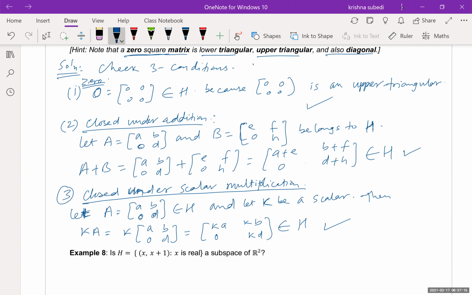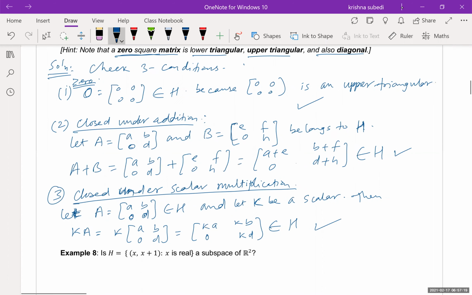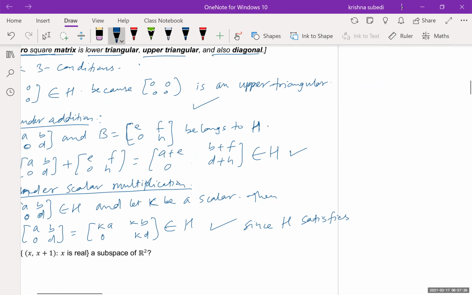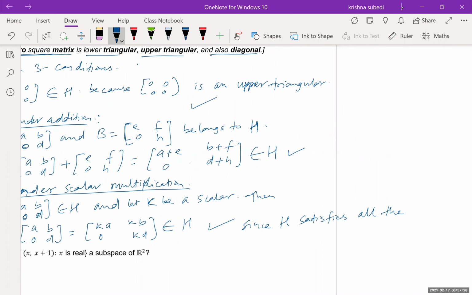So H is a subspace, since H satisfies all the 3 axioms. I'll write axioms.